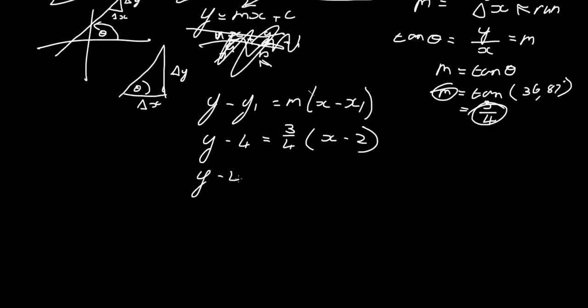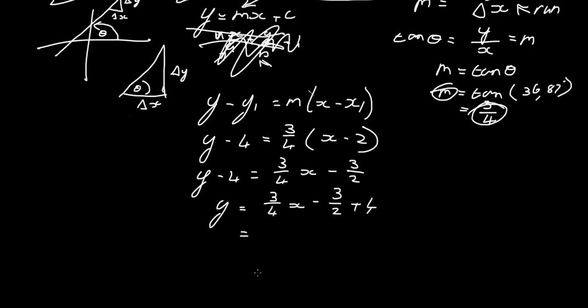So y minus 4 equals, multiply the 3 over 4 in, 3 over 4 x minus 3 over 2. Take the 4 across. Y equals 3 over 4 x minus 3 over 2 plus 4.